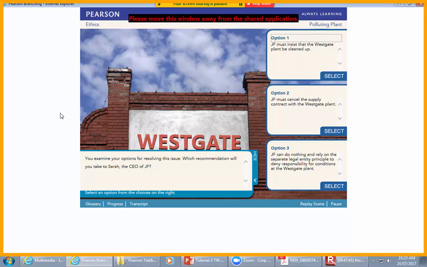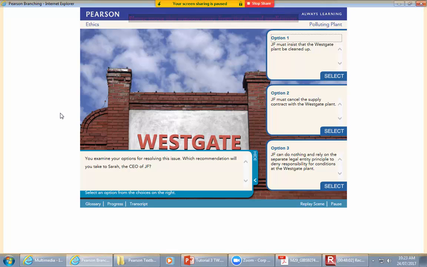What else? From a social responsibility perspective, what did we know about this plant? Yes? Plant shut down, people lose jobs. Okay, so probably that's the most important point here, that if you pull out, this plant is going to shut down. This is the biggest contract that they have, which means all these local people are going to lose their jobs.